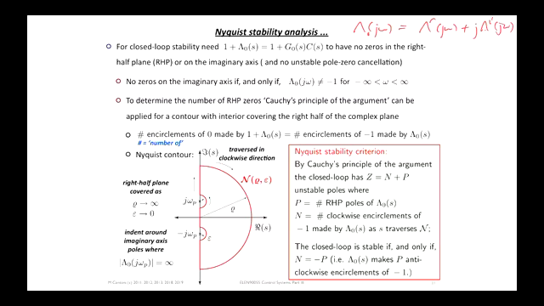So when we're mapping points along a contour that contains the whole of the right half plane as we take this radius to infinity, we're really just plotting the corresponding complex number as a new point in the complex plane to give us a new contour. And we're going to count the number of encirclements that new contour makes of the origin, in order to determine the difference between the number of zeros of this in the right half plane and the number of poles of this in the right half plane.